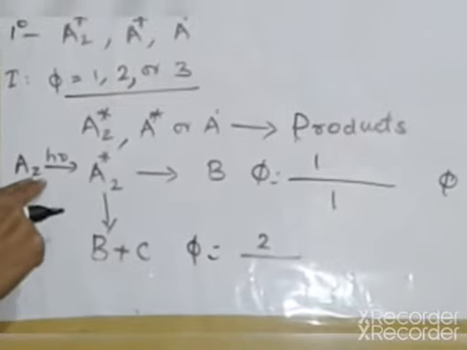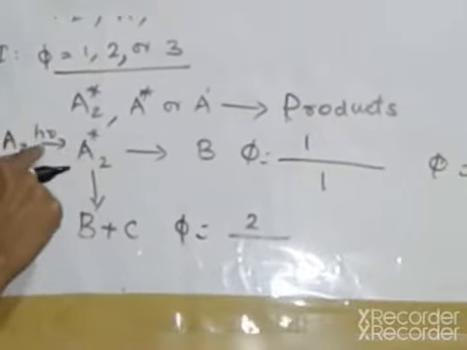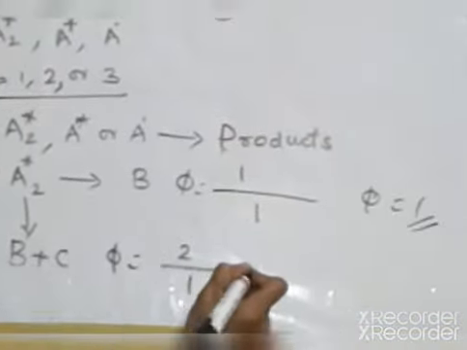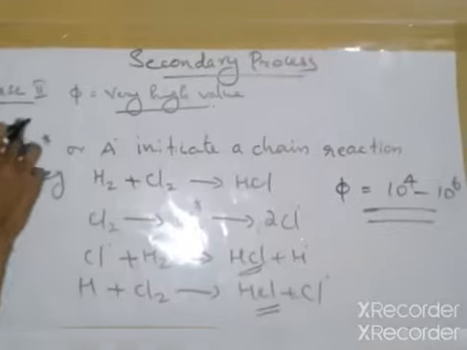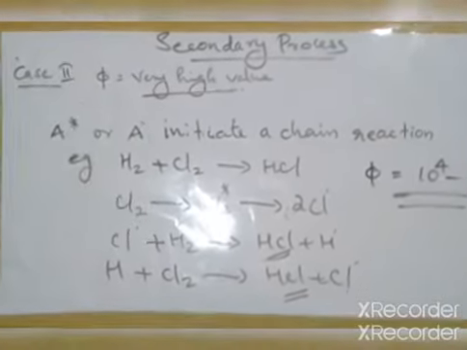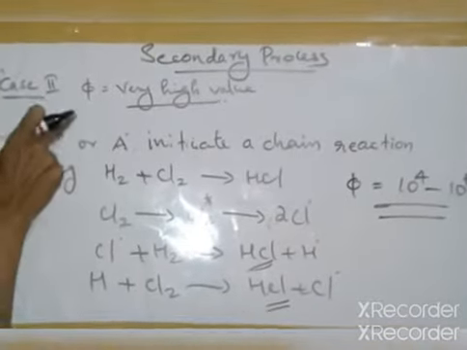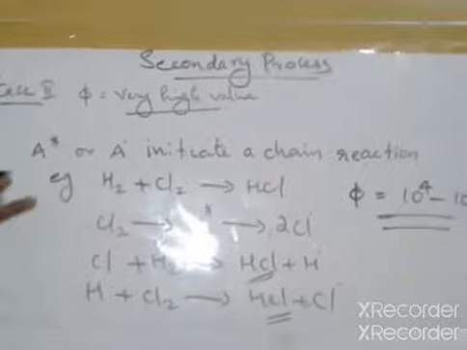By absorbing one quantum of radiation, A2 is excited to A2 star. So phi is equal to 2. Okay. And now we can explain why some reactions have phi values much greater than 1, that is, very high phi values.